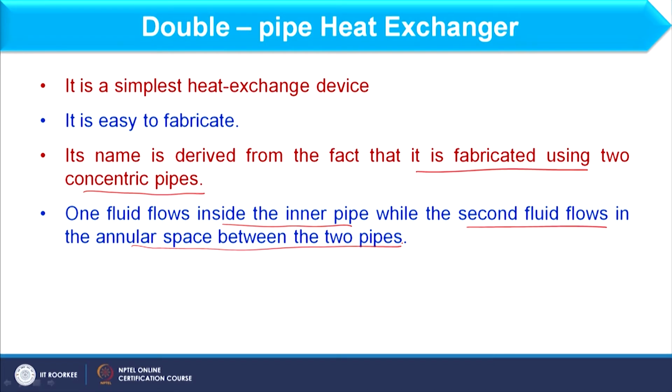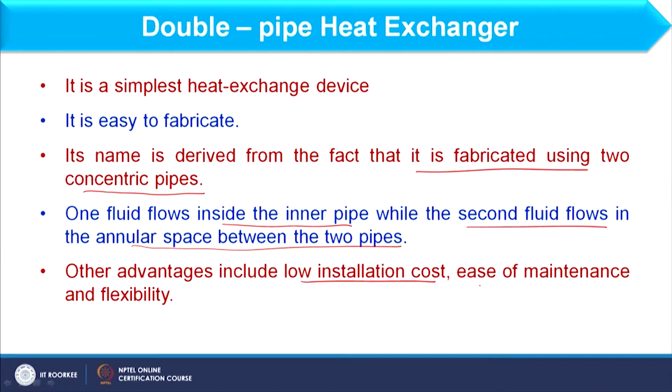Okay, so I think the functioning you all understand very well, because you have also done experiments on double pipe heat exchangers, maybe in your second year chemical engineering course. Okay, so this heat exchanger is known to you very well, and it has other advantages along with ease of fabrication and simple design.